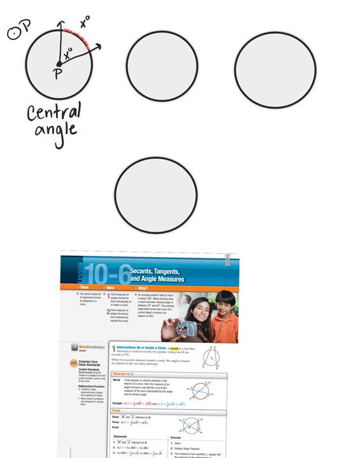The second type of angle measure within a circle we talked about was the inscribed angle. An inscribed angle has its vertex on the circle itself.